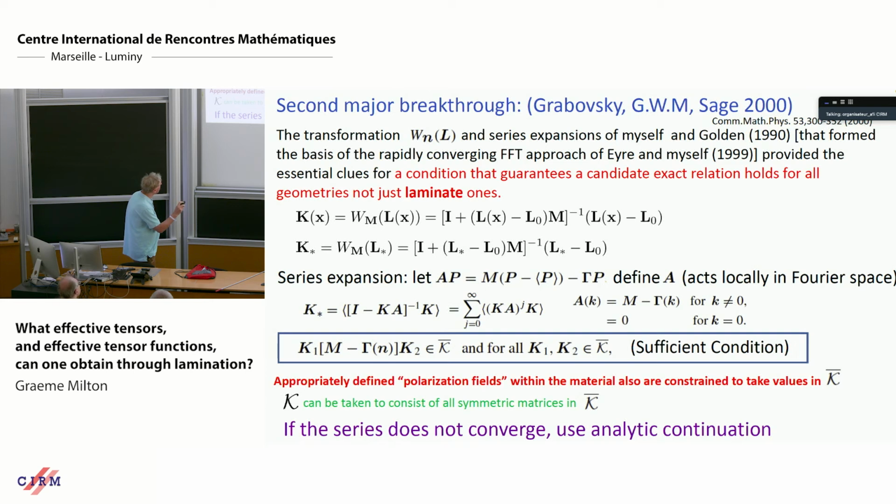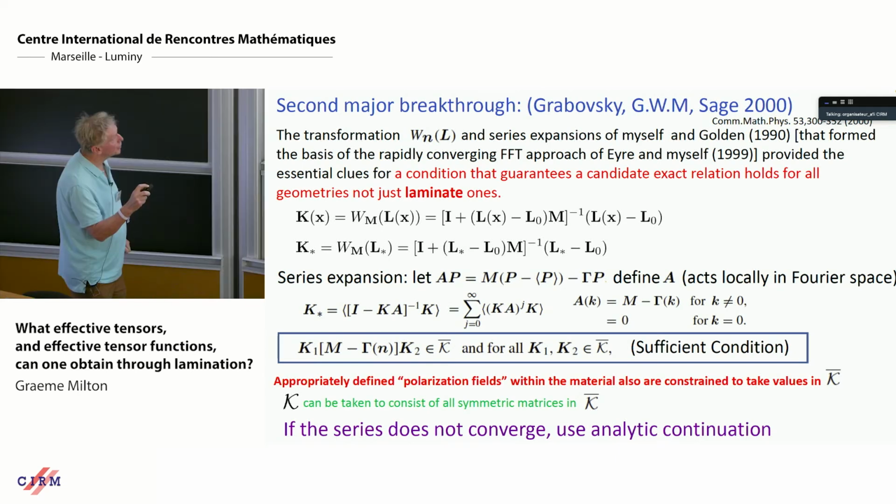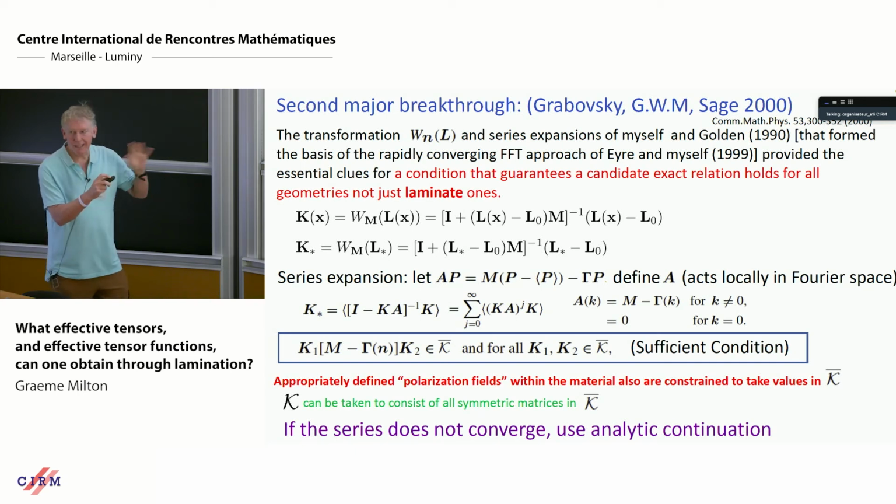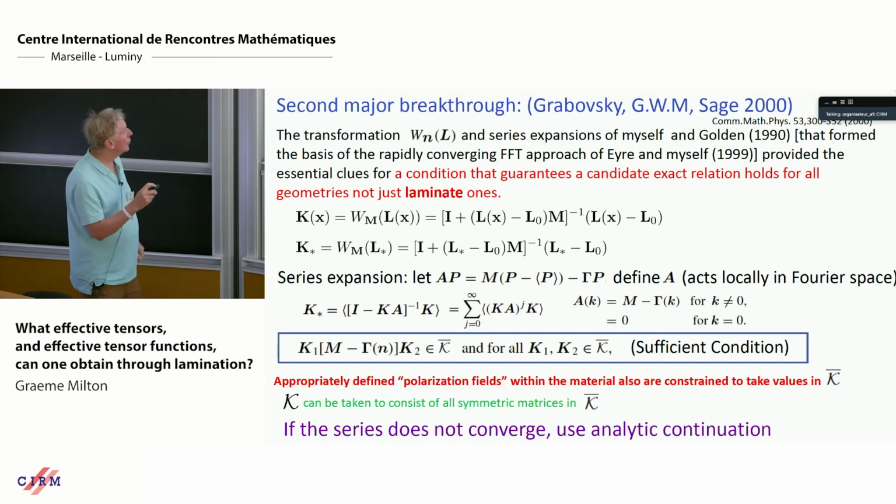Following Yuri's work, together with Dane Sage, we obtained the proof that if you want the manifold to be stable not just under lamination, but under any homogenization, mixing any materials, any geometry, you've got a slightly different condition on your subspace. So M minus gamma n, that could be the A of n before. So this should be A of k here.